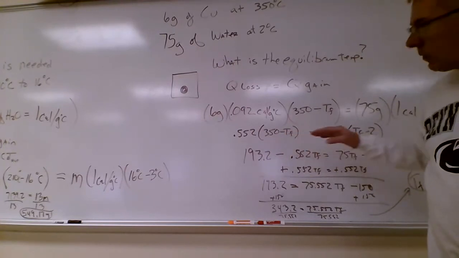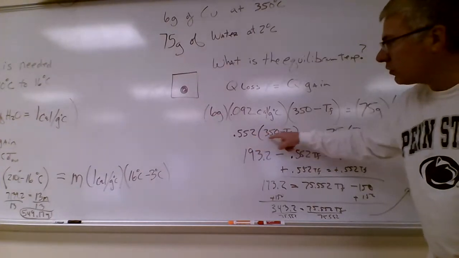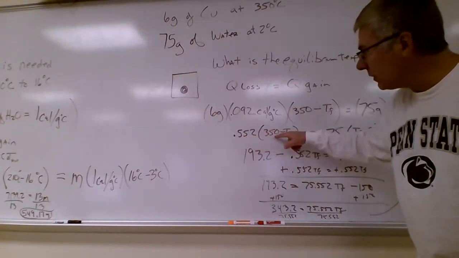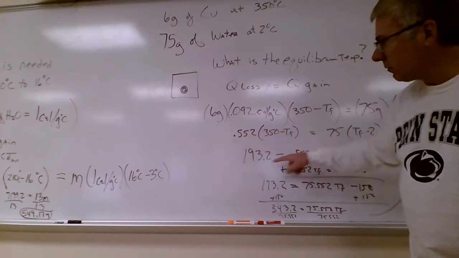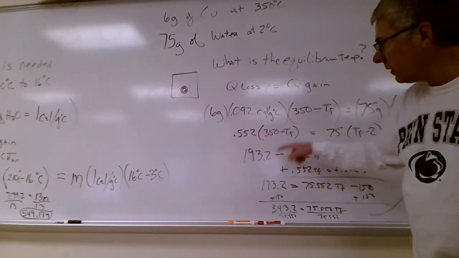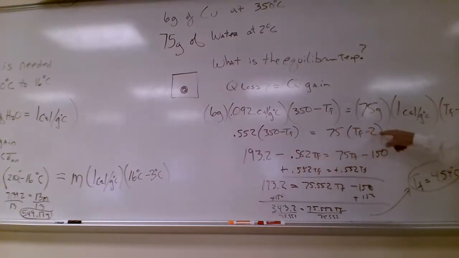This is where everyone goes wrong if they get this wrong. You have to distribute the 0.552 into the 350 and the TF. So 0.552 times 350 is 193.2 minus 0.552 TF. Same thing over here with the 75. 75 TF minus 75 times 2 is 150.